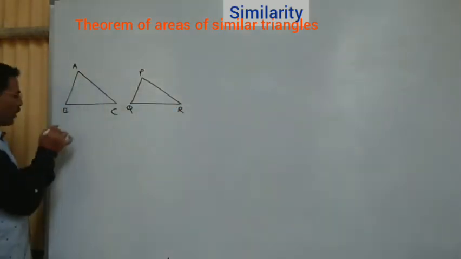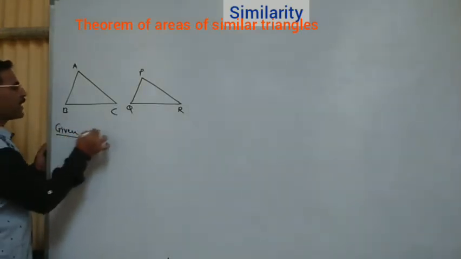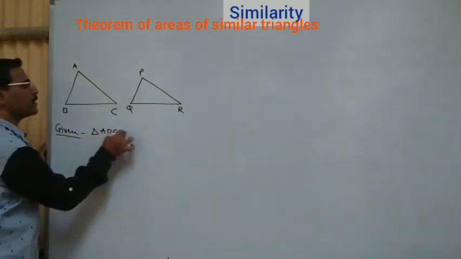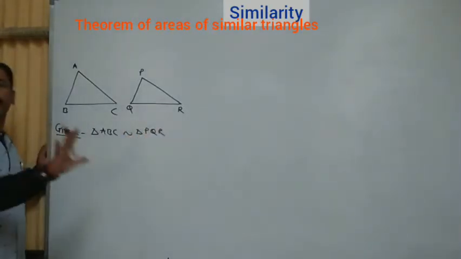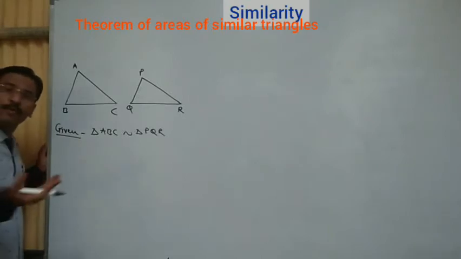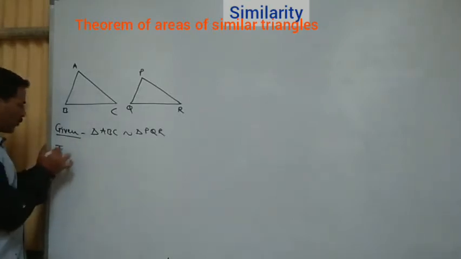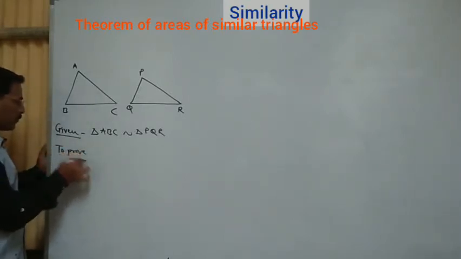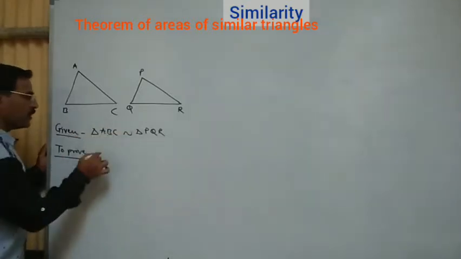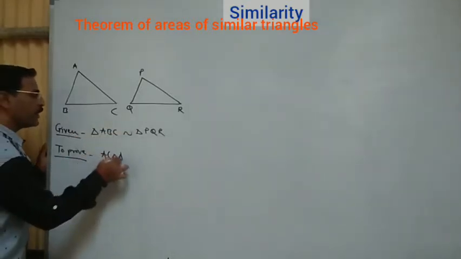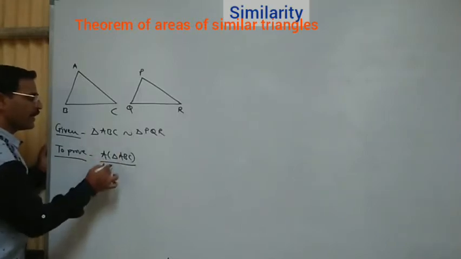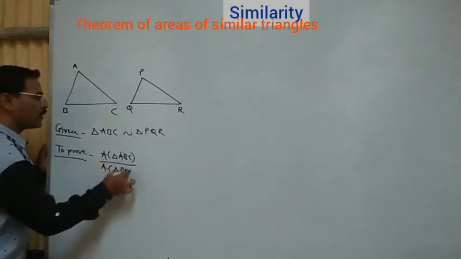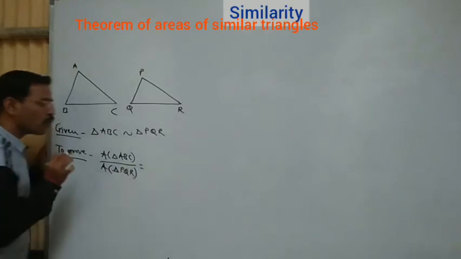Okay friends, what is given here? Both these triangles are similar. What we have to prove here? We have to prove the ratio of areas of these two triangles. Means what? Area of triangle ABC upon area of triangle PQR is equal to what?